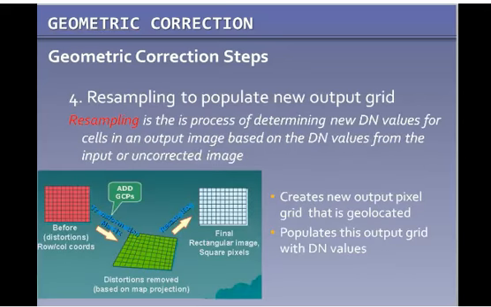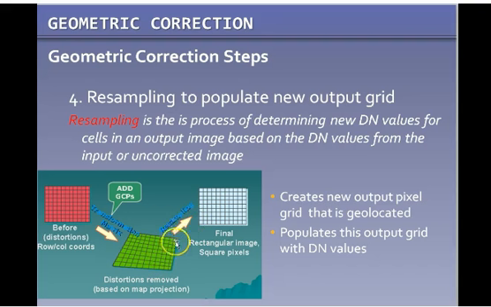Okay, everybody, hang in there. We're up to the last step in the geometric correction. So we had our original input image. We added some GCPs and selected a model, which allowed us to transform our original grid into now a new grid that has geometric coordinates associated with it. But now we have to do the resampling.